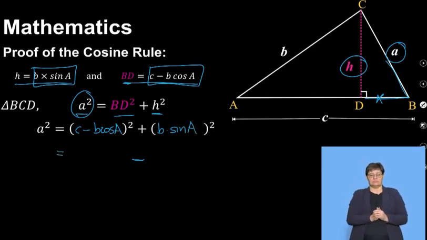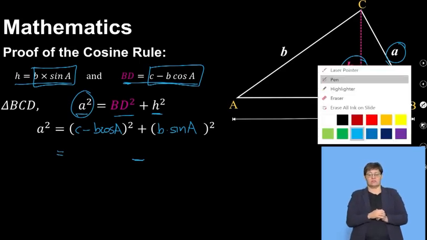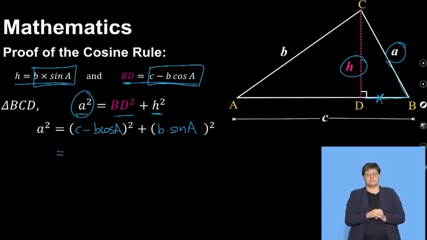Now we just have to square these binomials. If you remember our rules for squaring a binomial, let me just get rid of this extra mark we have here. How do we square a binomial? We start off on this side.